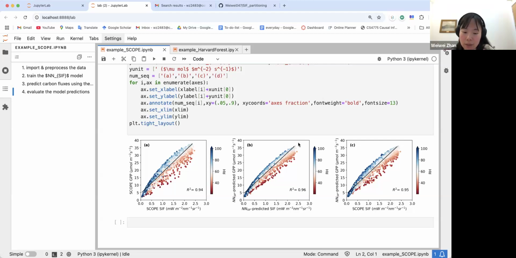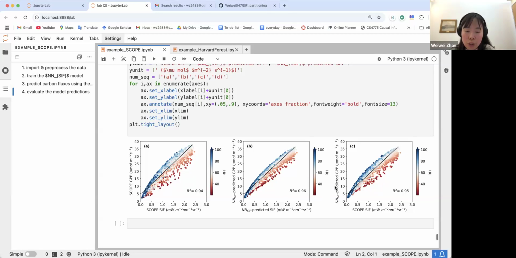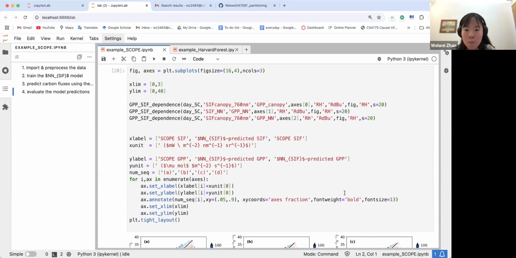The middle panel shows the relationship derived by our method, so both the SIF and GPP are predicted by our model. And the rightmost panel shows the relationship between partitioned GPP versus the SCOPE SIF. For all three of them, you can see a quite similar relationship. So it further verifies that our method is able to retrieve the GPP-SIF relationship.